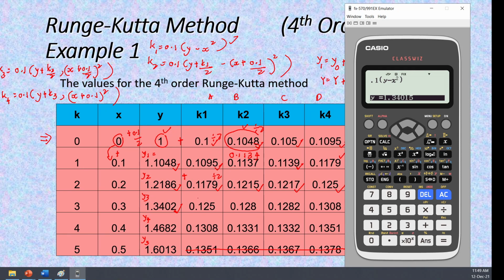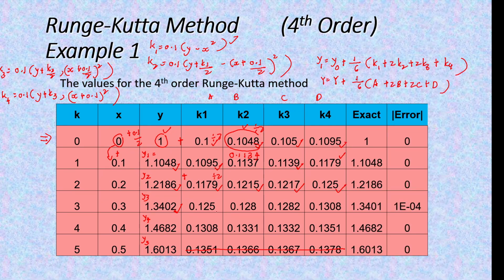To get the same as here, because Excel rounds every step to 4 decimal places, I use 1.3402. If not, the answer will run a bit off. X at K equal to 3 is 0.3, so accept. K1 is 0.125.